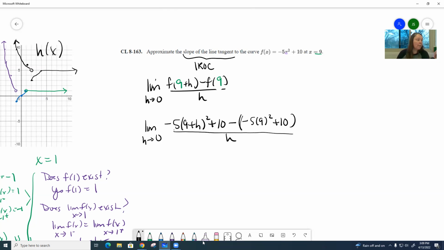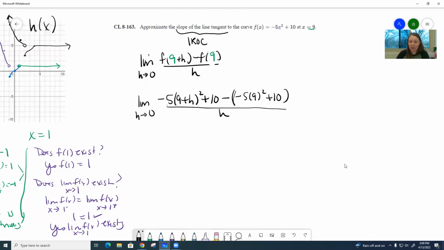Please, please, please do not be lazy about pulling through the divide by h in every step. Some of you are doing stuff and one step is not equivalent to the next step if you don't carry that h through, if you don't carry that limit all the way through to the end. Okay, so when I square this 9 plus h, it's 81 plus 18h plus h squared.